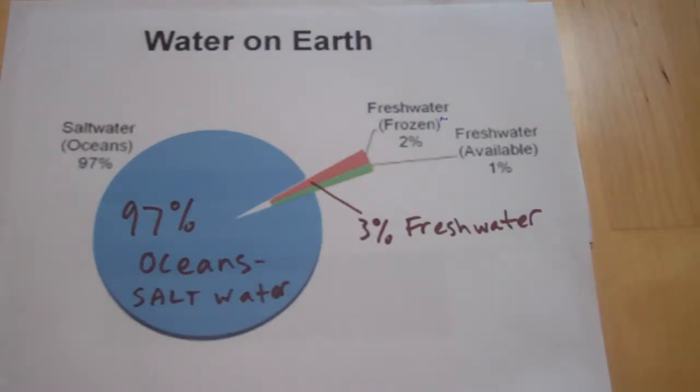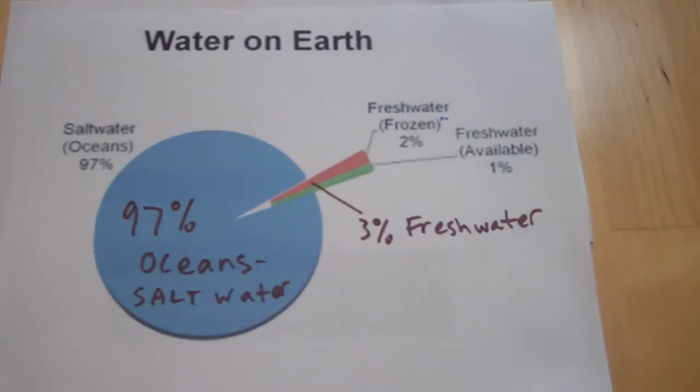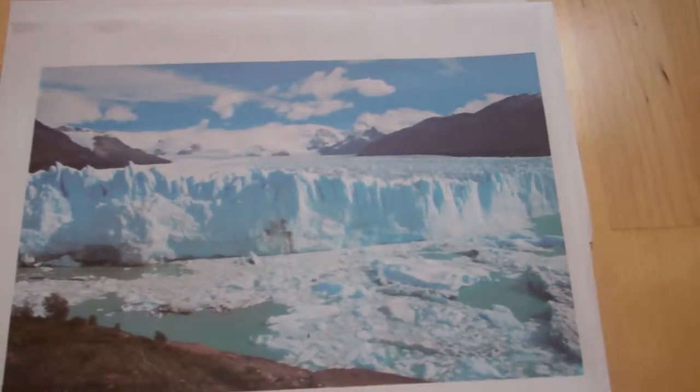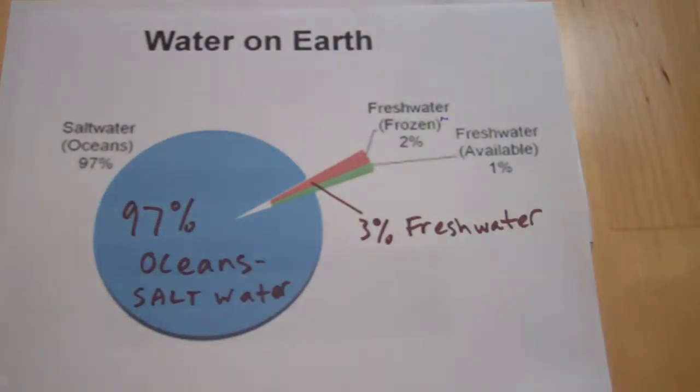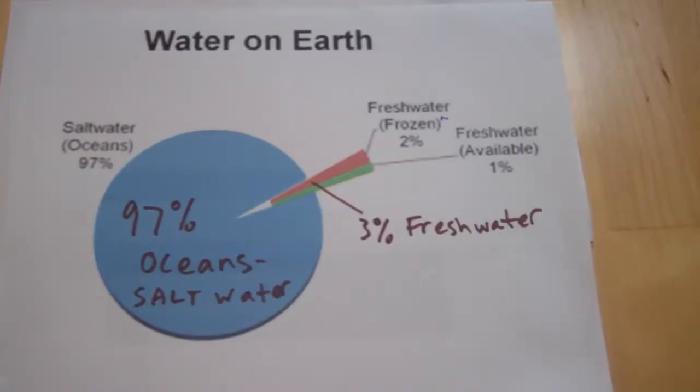Salt water. 3% is fresh water. Now, of that 3%, 2% of it is frozen, as in glaciers, and 1% of that is available to us to use. Now, of that 1%, most of that water is groundwater.